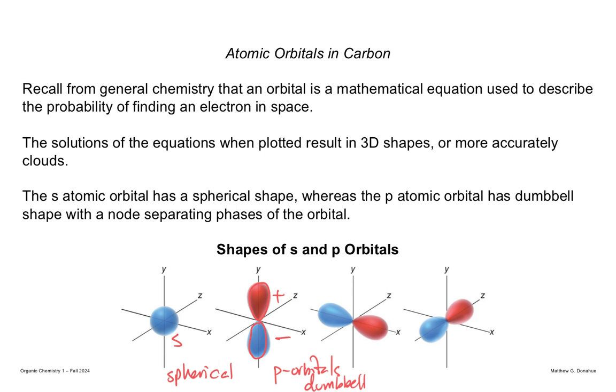And my point is not to confuse you with these concepts because they're pretty abstract. We're not going to talk about the math. We just want to know the shapes. S is spherical, P is dumbbell shaped. What I want to point out though is notice there's 3 of them, 1, 2, 3. They're all on the same energy level.